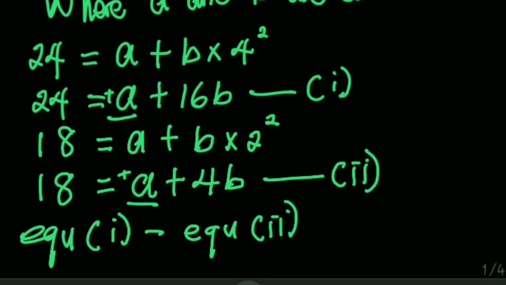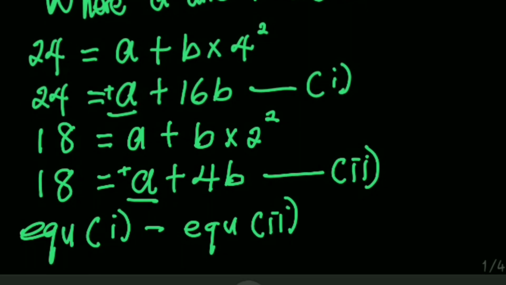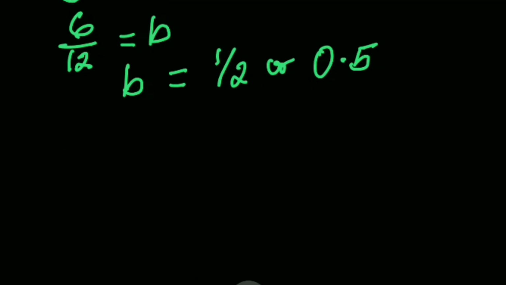We have the value of B now, and so we can substitute B in either equation 1 or equation 2 in order to get the value of A. I think equation 2 is smaller. Let's substitute B in equation 2 so that we get the value of A. Equation 2 is 18 equals A plus 4B.